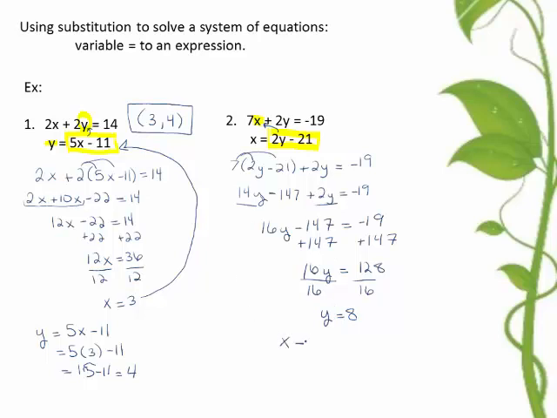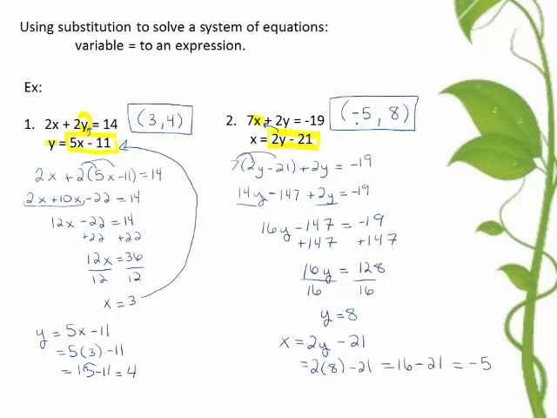Now I know that x is equal to 2y minus 21, so if I plug in an 8, I get 16 minus 21, and that is negative 5. So my solution is the point (-5, 8). Keep in mind always that x comes first in the ordered pair, even if you find the value of x second.